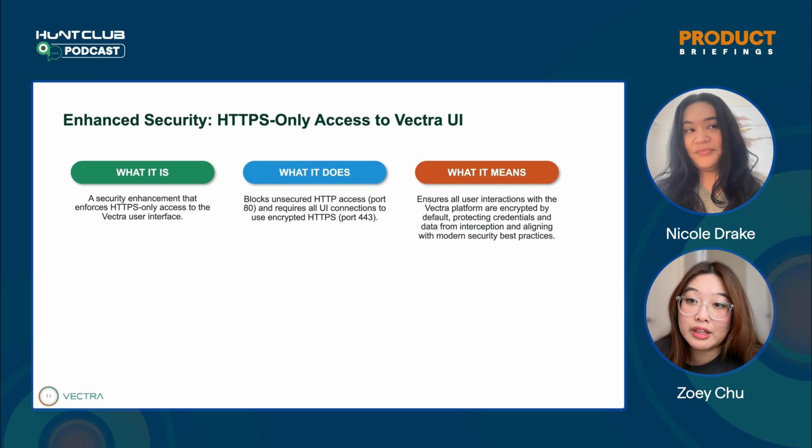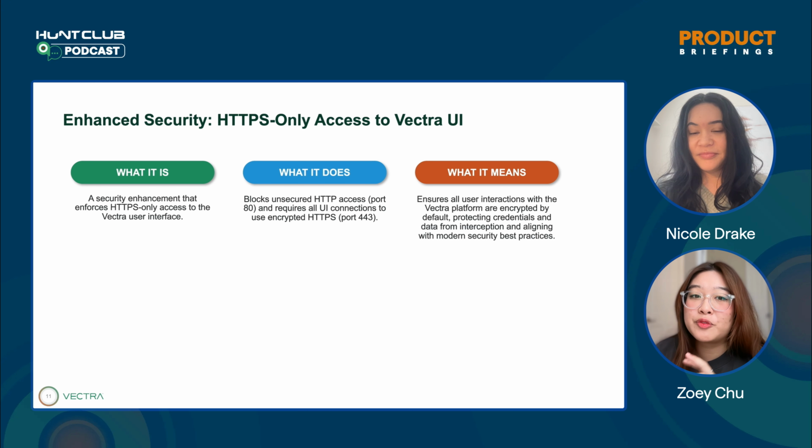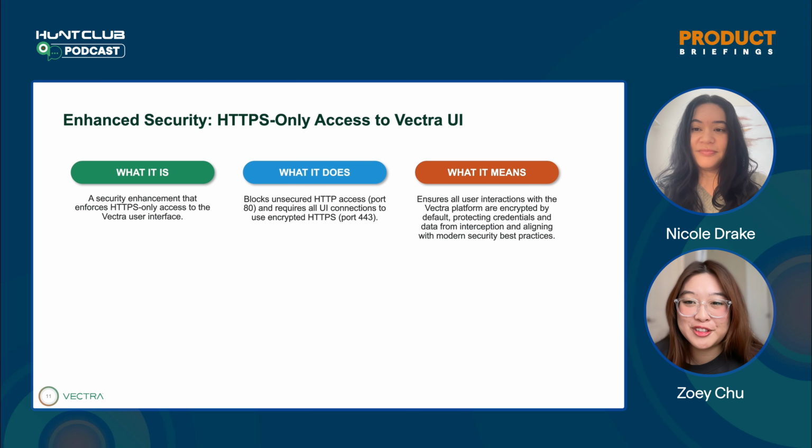We want to enhance the way that you access the Vectra UI, the Vectra AI platform, so that it enforces HTTPS only access to that interface, meaning it blocks unsecured HTTP access on port 80 and requires all UI connections to use the encrypted HTTPS port 443. We're a security company, and we want to make it secure for you to use our interface. That's why we're moving it to only HTTPS, where it's a little bit more protected.